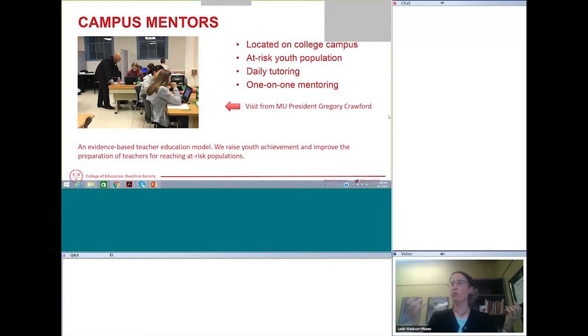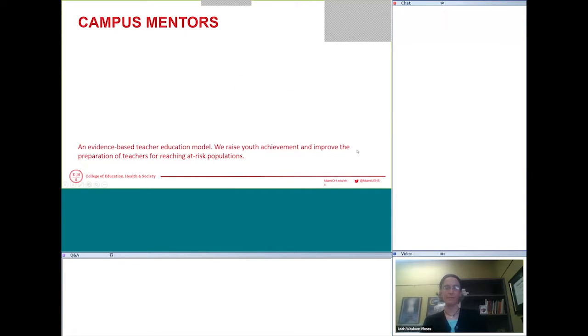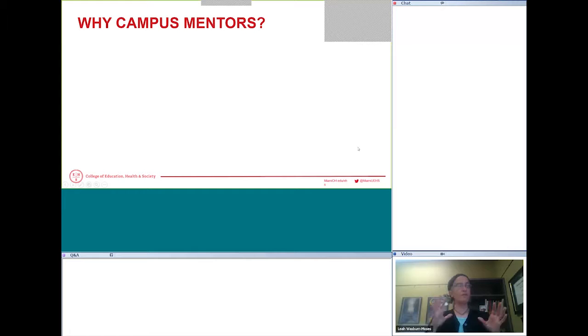It's not really the same as the laboratory school model, but again, it's just like you picked up a classroom and you just put it on campus instead of being at the local high school. So if you think of any questions, please don't hesitate to ask. Again, I want to make sure you understand the model.